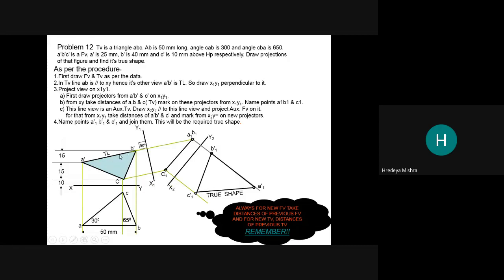So we just take the length from here. This is the main point. Always for new front view, take the distance from previous front view, and for new top view, distance of previous top view. So this is your point.